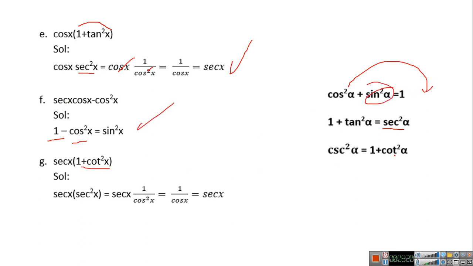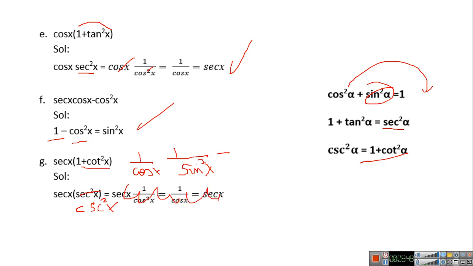Here 1 plus cotangent square x equals cosecant square x. So it's secant over sine, and we know that secant is 1 over cosine x, and cosecant is 1 over sine square x. So as you can see here, we cannot simplify anymore.